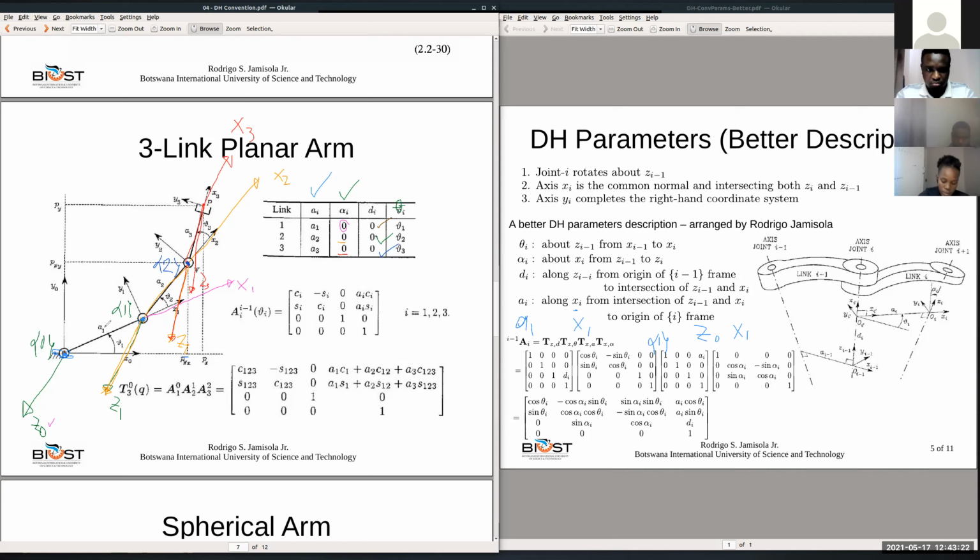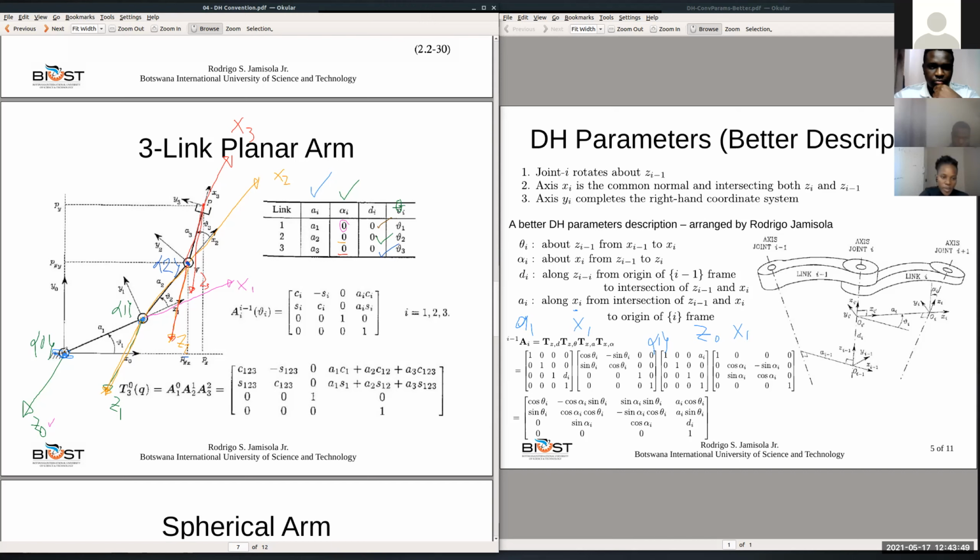And then to where? From that point in the origin to the origin of frame. Origin of frame. From here to?